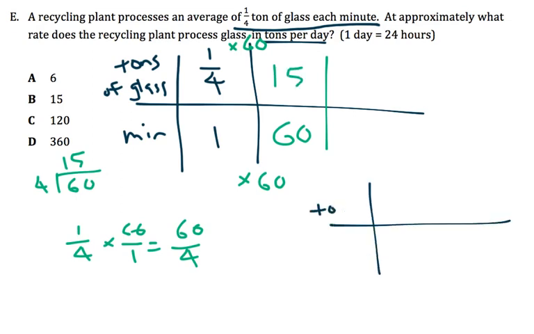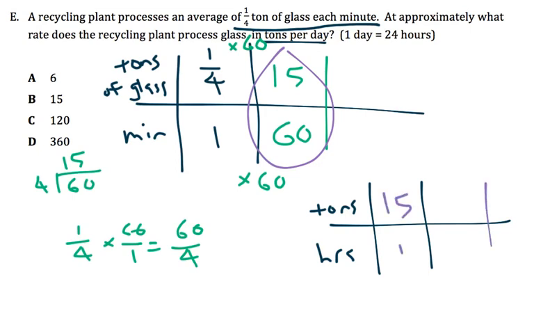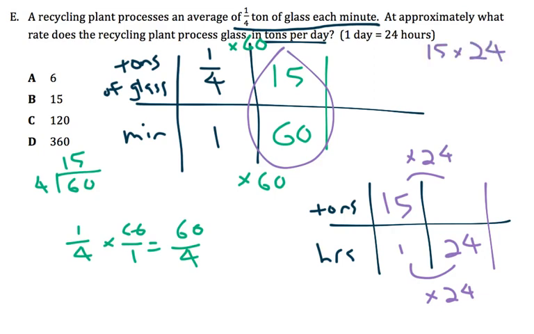And now we have tons and hours, because that's 15 tons in 1 hour. And now let's get to 24. And we can do that by multiplying by 24. So if you do 15 times 24, you should end up getting 360, which is D.